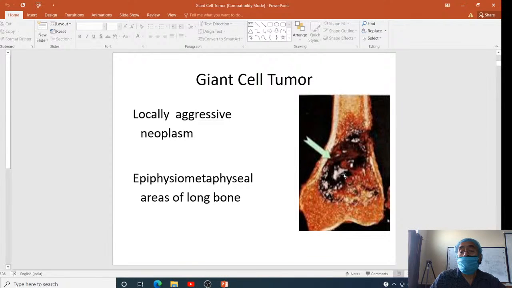All of you should get a doubt that there is a growth plate separating the metaphysis and the epiphysis, and usually they will not cross into this. But how can the GCT do that with ease? Because this is very rare in children.